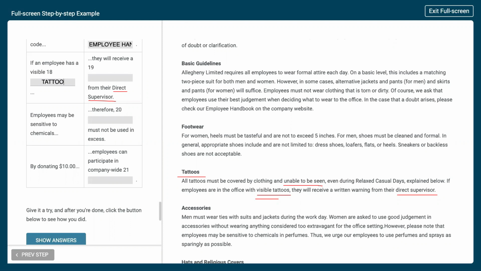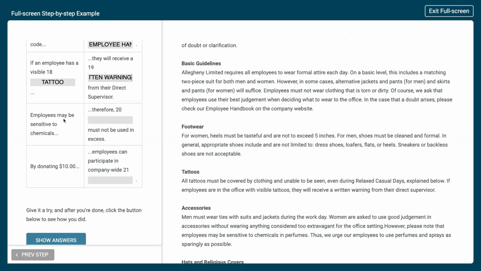So we'll put if an employee has a visible tattoo, they will receive a, and we didn't look at that, so they'll receive a written warning. And this looks like the correct answer. So I'm going to write written warning because it's a specific type of warning. Okay, let's clear our screen.